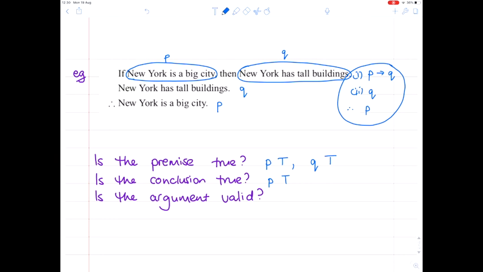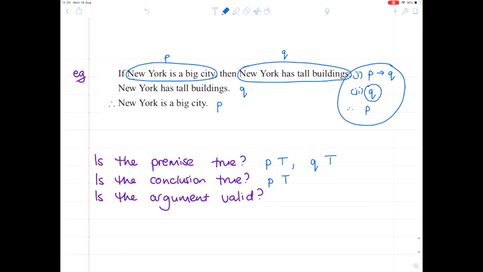This is one of the examples that we've seen of an invalid argument. Because if we've got P implies Q, to have a valid argument, we need to have P true, not Q true. So here's an example where everything is true, the premises are true, the conclusion is true, but the argument is invalid.